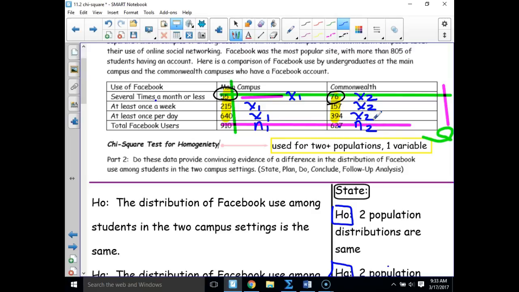So do a two proportion z-test for me, please. And we're going to investigate the p-values over here. So our p-value for this first one is 0.00005.